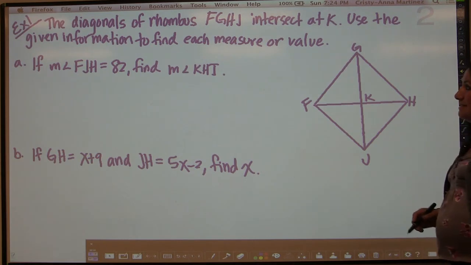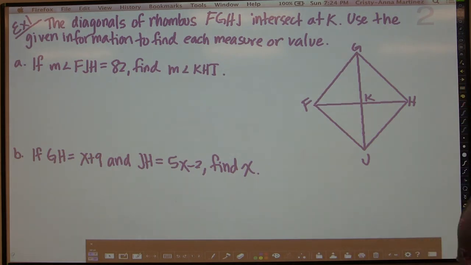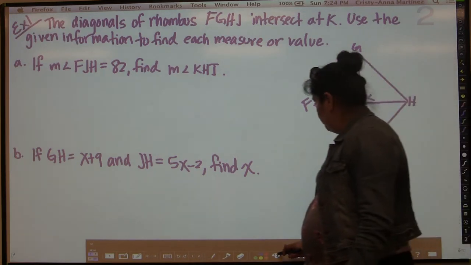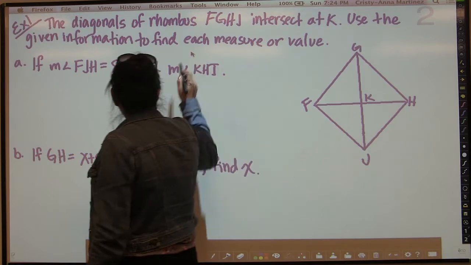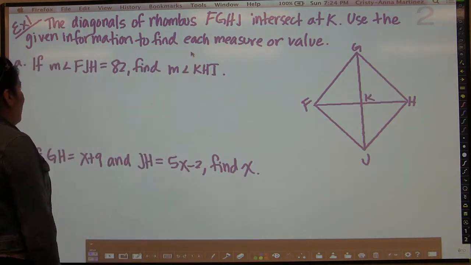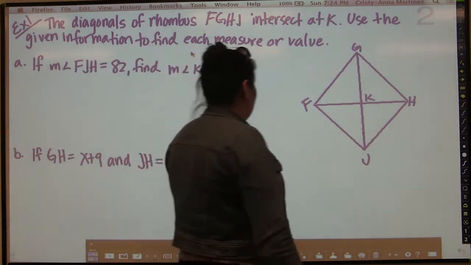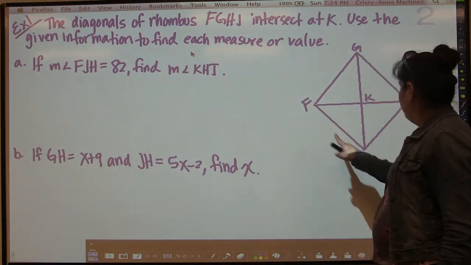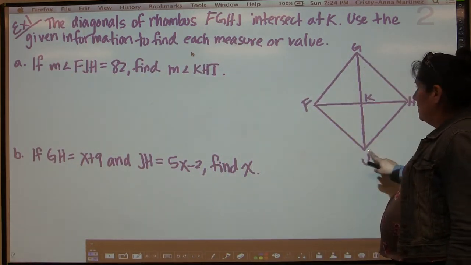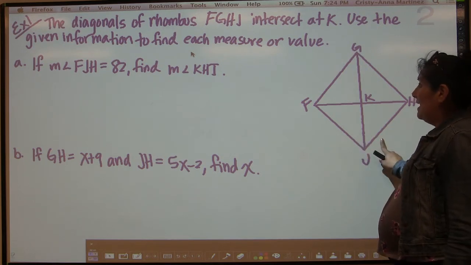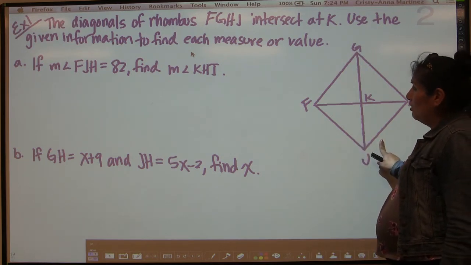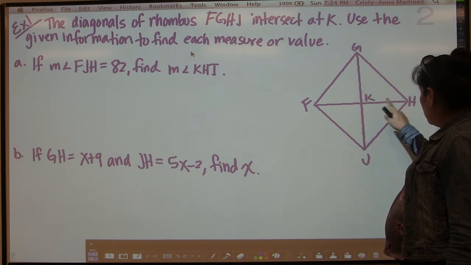So in our example, it says the diagonals of rhombus FGHJ intersect at K. Use the given information to find each measure or value. So it says here in part A, if the measurement of angle FJH, this angle here, the entire angle, is 82, what is the angle of KHJ?